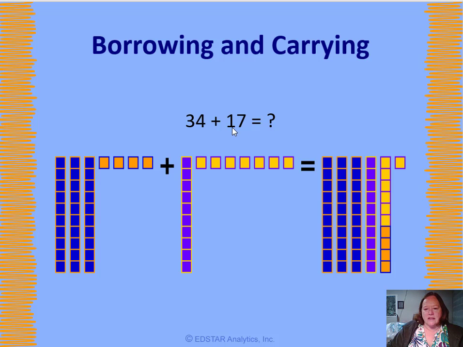And then we're adding 1 10 and 7 1s. So how do you add those together? Well, you add the 10s. It looks kind of obvious when you look at it this way. We have 1, 2, 3, 4 of the big ones. And now the big ones are made up out of 10 of these little ones.